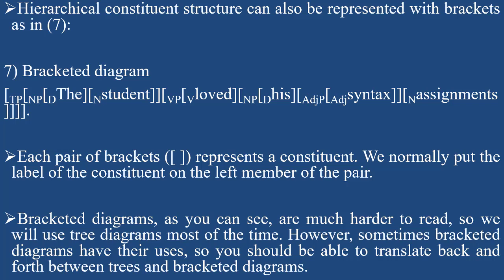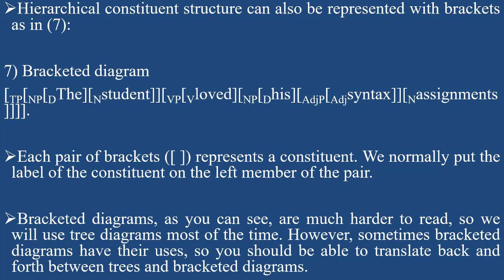So hierarchical constituent structure can also be represented with brackets, as in 7. These are bracketed diagrams, with square brackets. So we have TP, the student loved his syntax assignment, represented here. Each constituent is covered in brackets. So we have brackets from the left and the right to form one constituent.